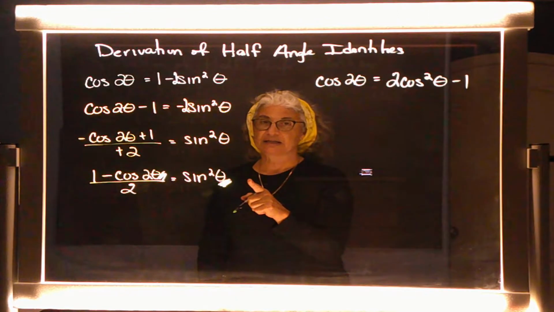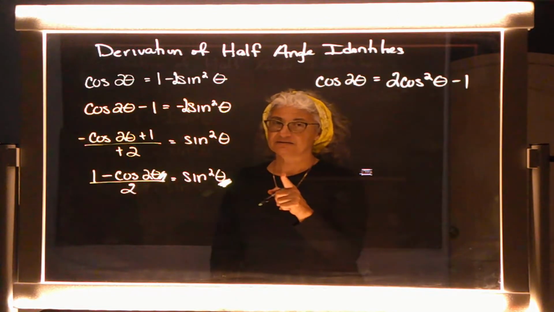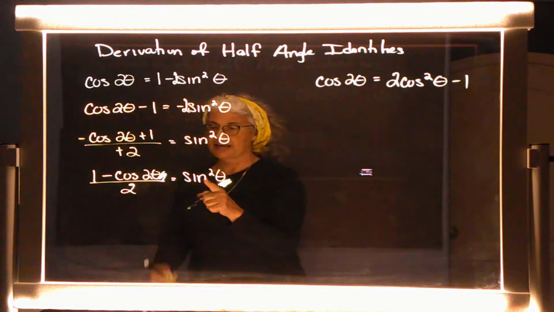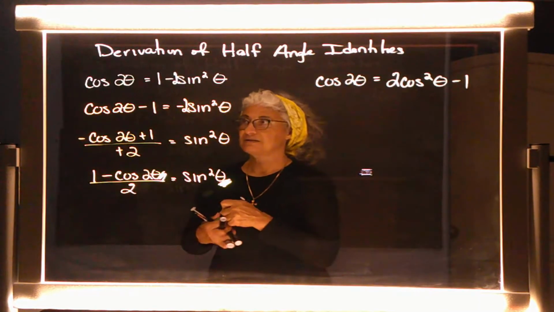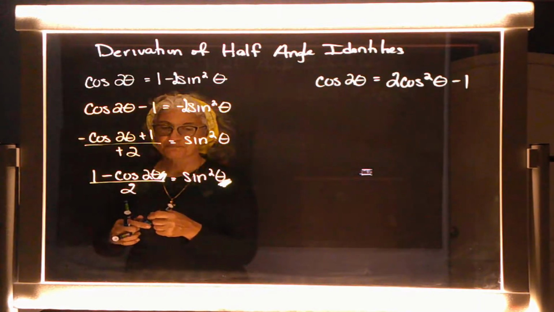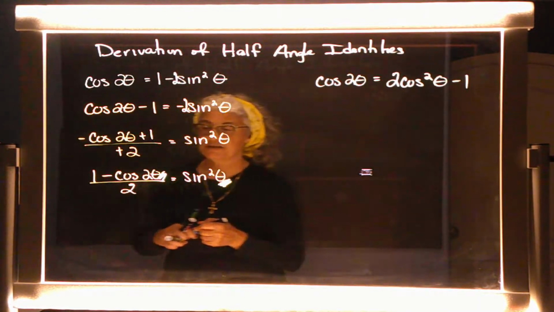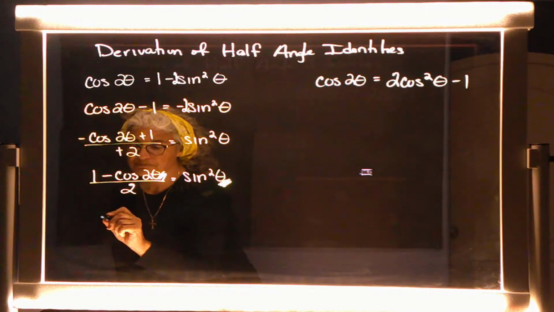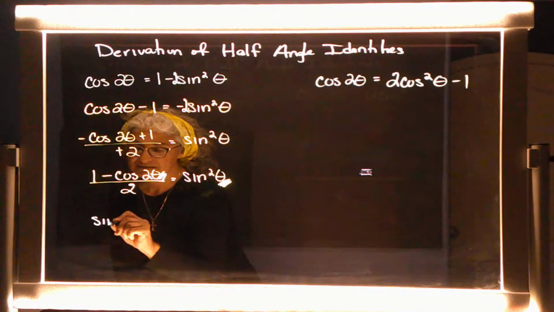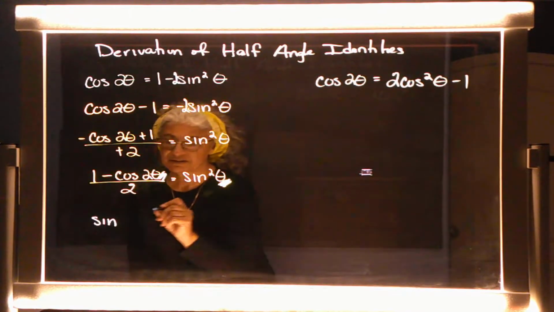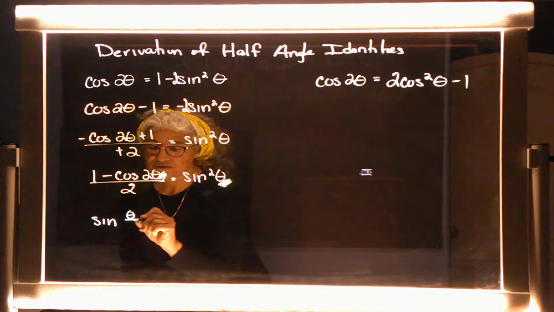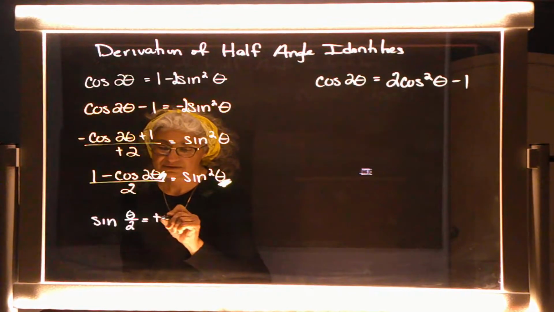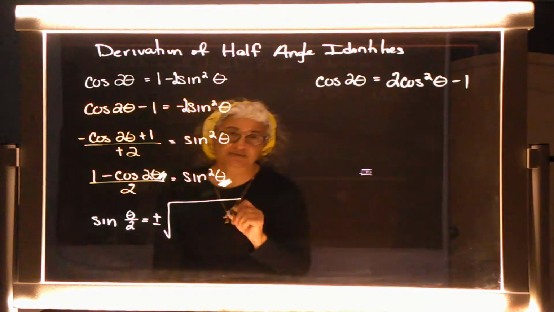So, if I say, and I'm going to take the square root at the same time, if I say that sine of theta over 2, remember I said I take the square root at the same time, right?